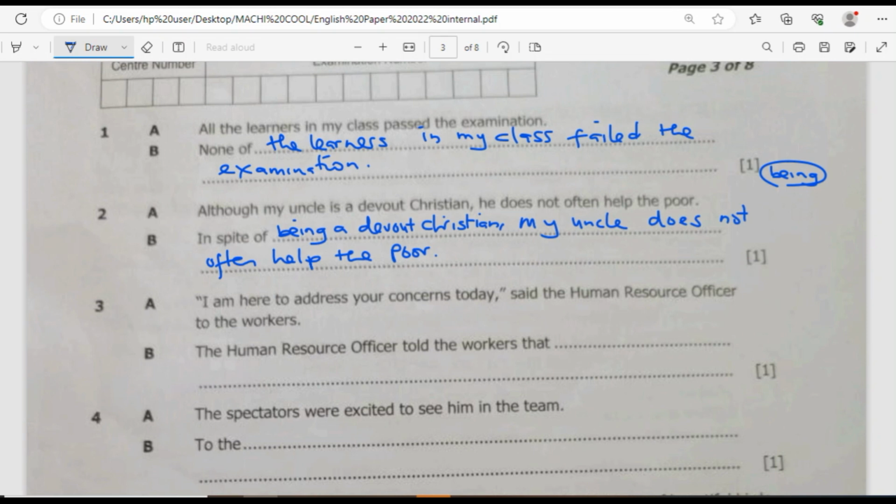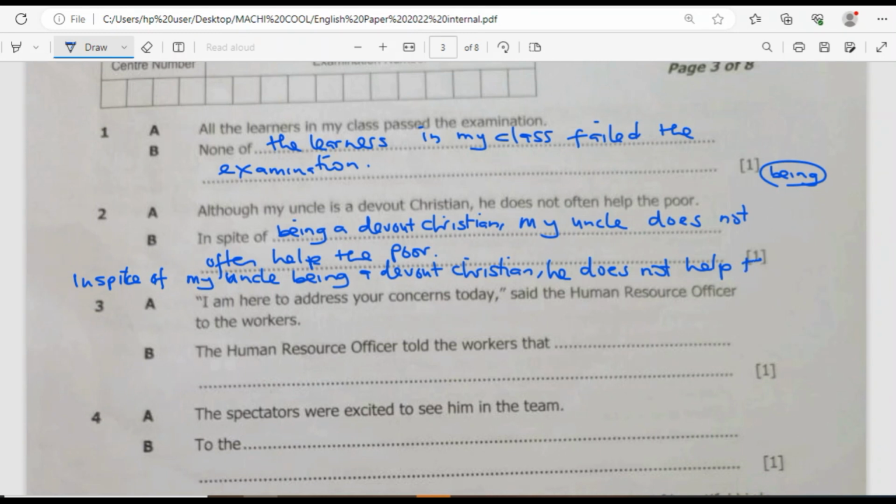Or you can write it like this: in spite of my uncle being a devoted Christian, he does not often help the poor.